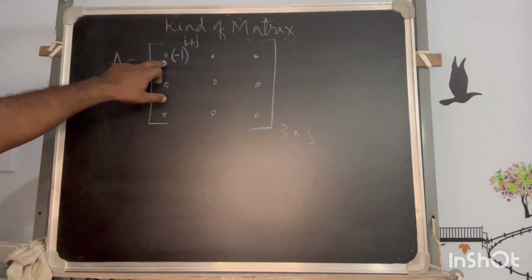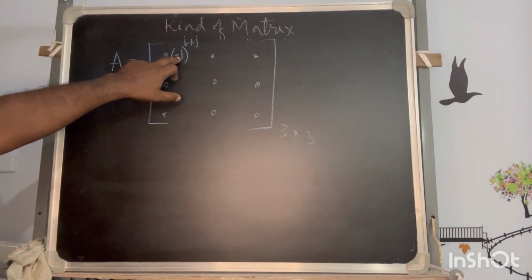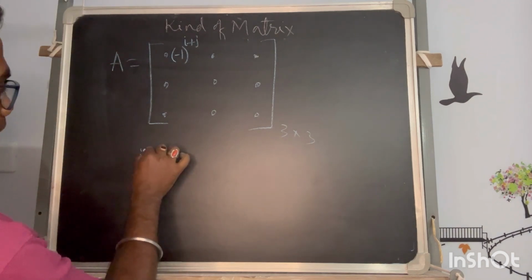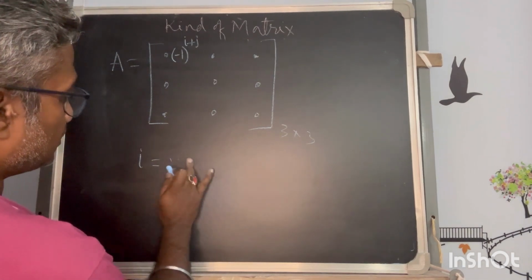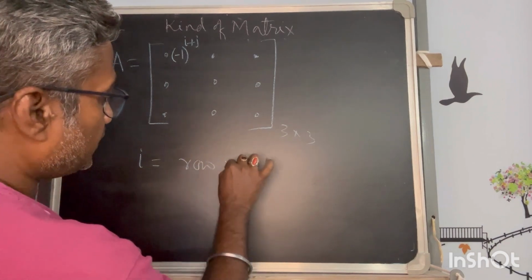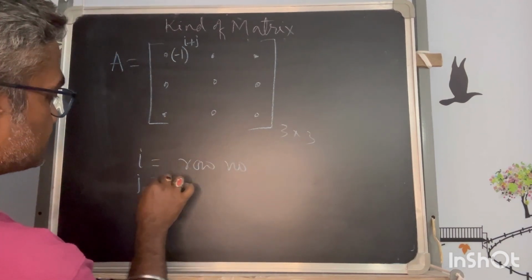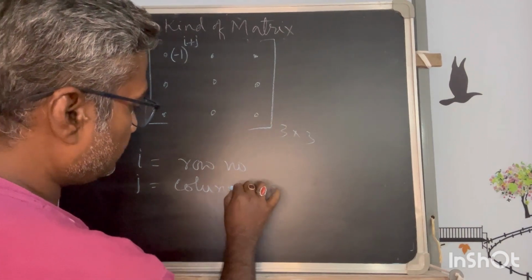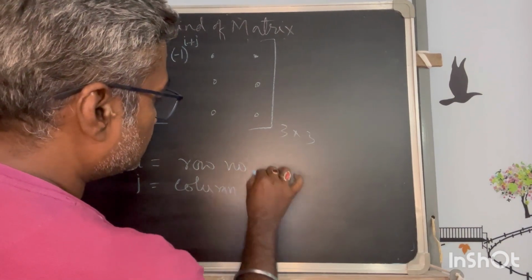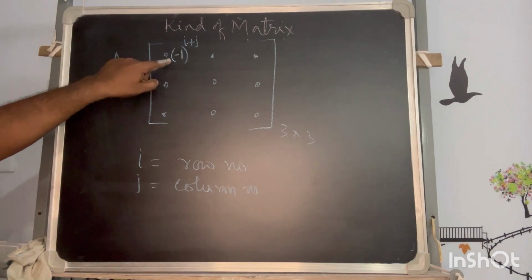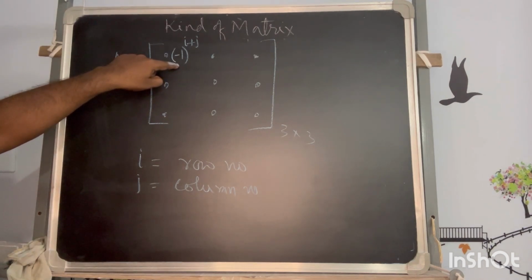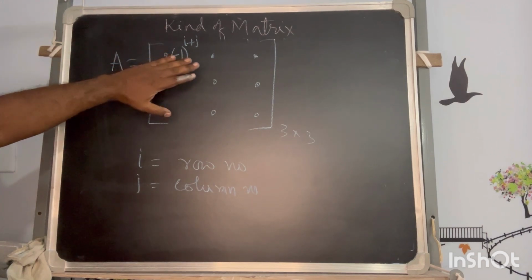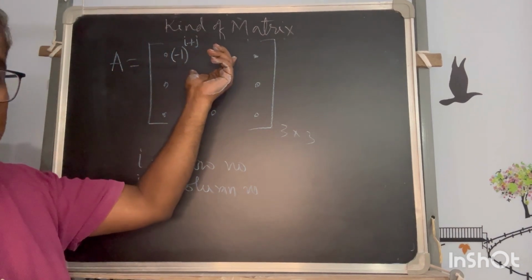That means the position sign is minus 1 whole power of i plus j, where i is the row number and j is the column number. If I want to get the sign which this element carries along with it always, it will not be represented here.